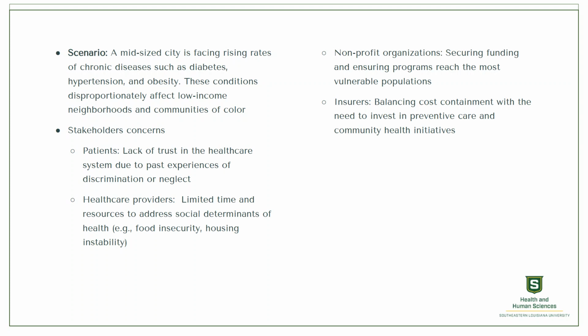But still, there's the cost of doing business. Insurers are also trying to prevent a situation where they're spending a lot of money in doing business, and they're also spending a lot of money investing in preventive care and community health initiatives that do not directly bring in money for them.